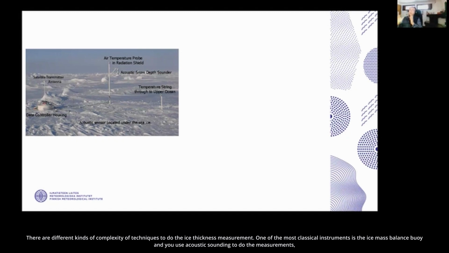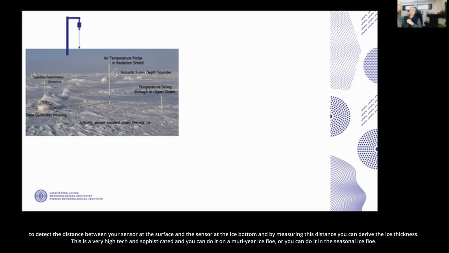Here, one of the most classical instruments is the ice mass balance buoy, and you use acoustic sounding to do the measurement, basically to detect the distance between your sensor and the surface and the sensor at the ice bottom. By measuring this distance, you can derive the ice thickness.